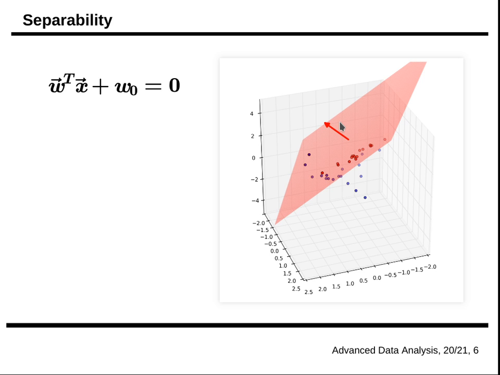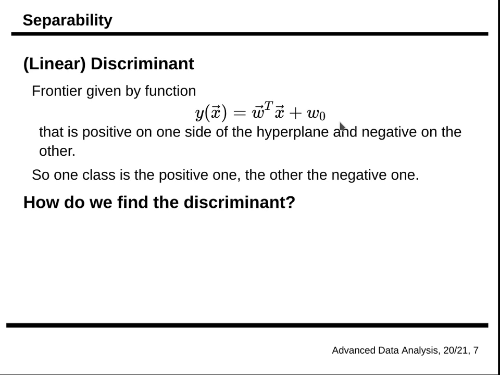So this way we can split the space where our data lies into the different regions corresponding to the different classes. We have the frontier given by this function: this perpendicular vector multiplied by the inner product with any point, plus this intercept.